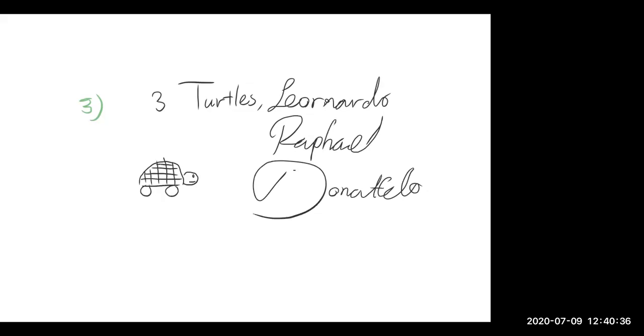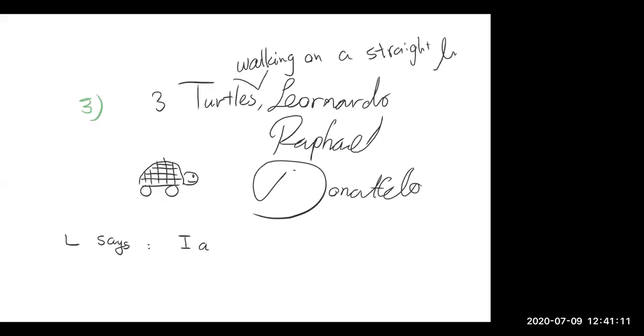Suppose Leonardo says, so they're walking in a line. Suppose we have 3 turtles walking on a straight line. Leonardo says, I am in front of the other 2.